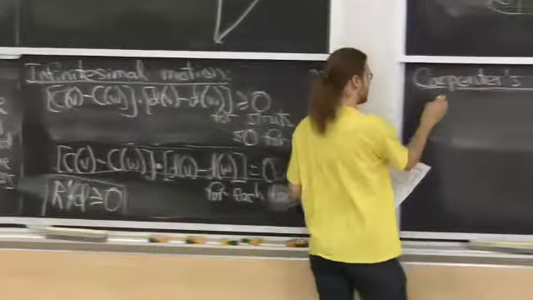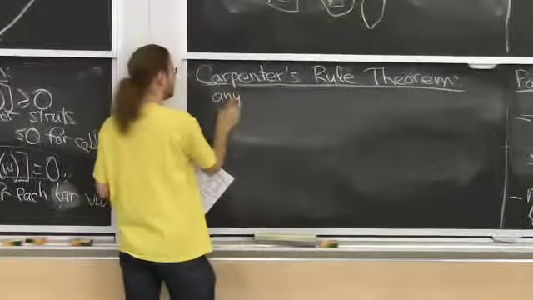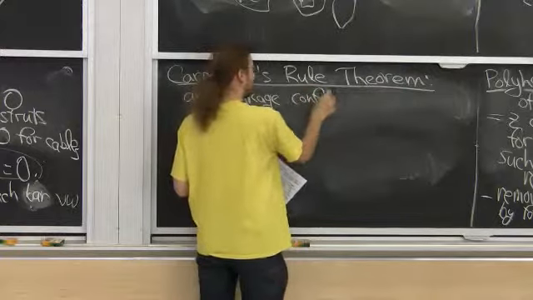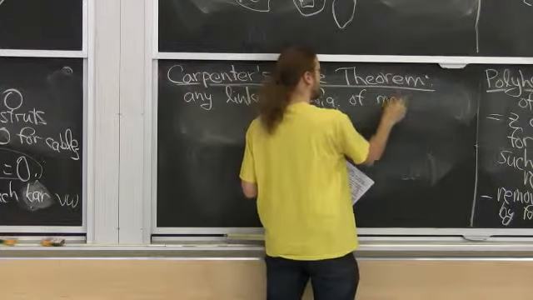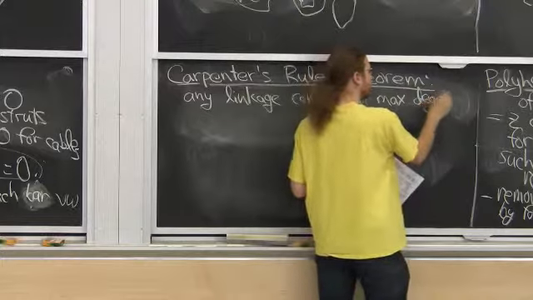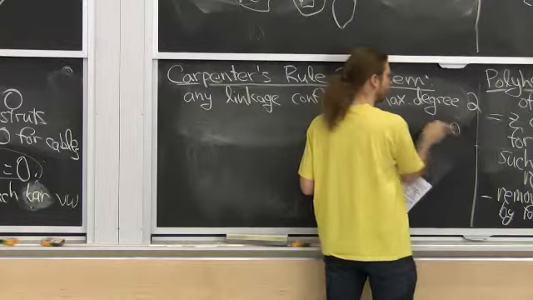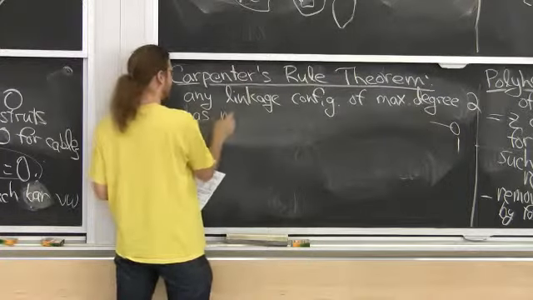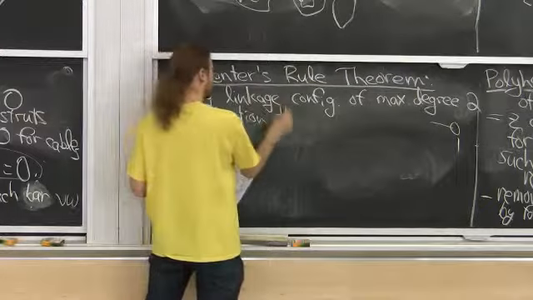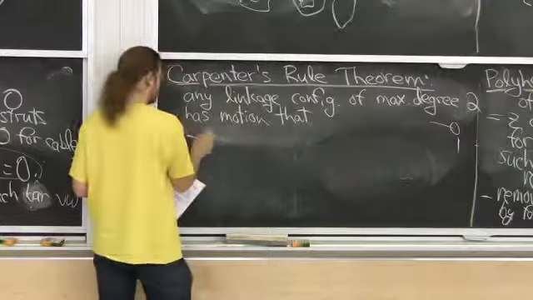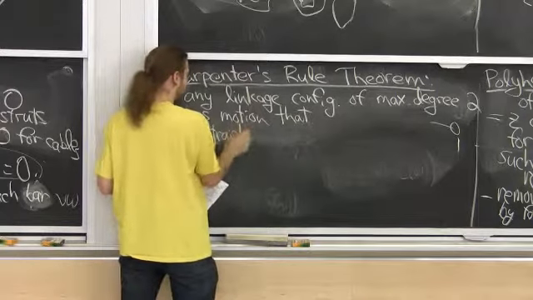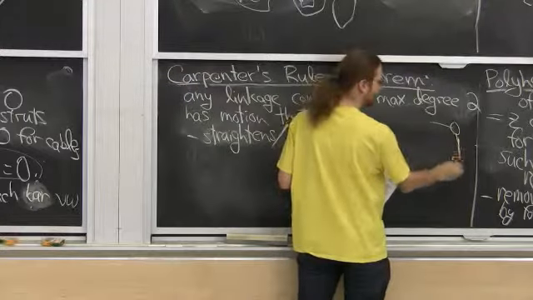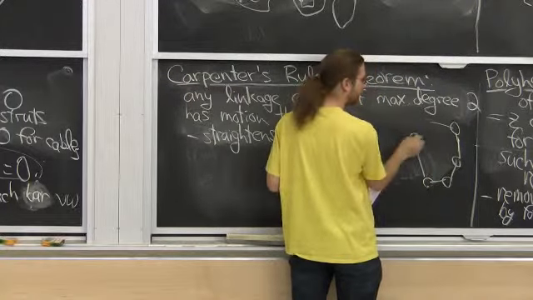And it says that if we have a linkage, let's say we take a configuration of that linkage, and let's say it's of maximum degree 2, so every vertex has at most 2 edges coming out of it, then there's a motion of that linkage that straightens out. So if you have maximum degree 2, you have paths, and you might have some cycles.